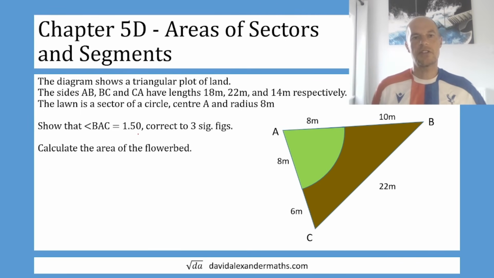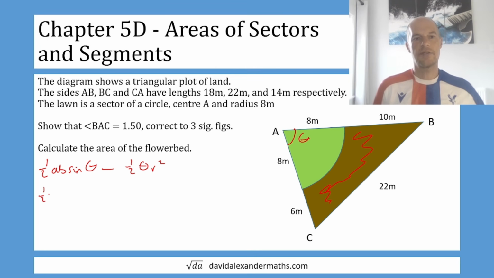Okay, so for part 2 of this question, we're working out the area of the flower bed, which is the brown bit. I'm going to do this by working out the area of the triangle ABC, take away the area of the sector. The area of a triangle is 1/2 ab sine C, or 1/2 ab sine theta in this case. Take away the area of the sector, which is 1/2 theta r squared.